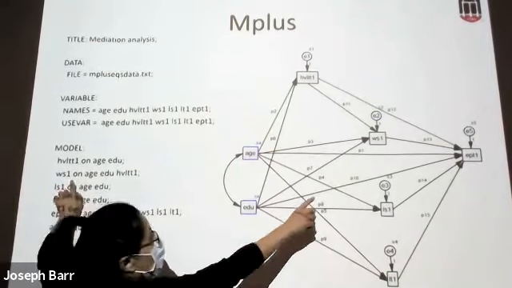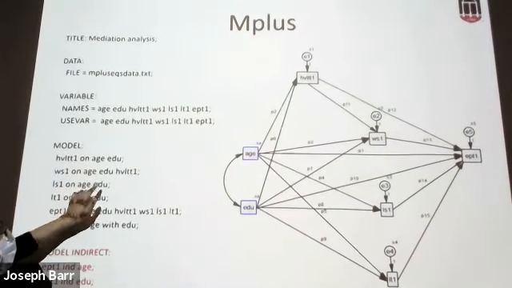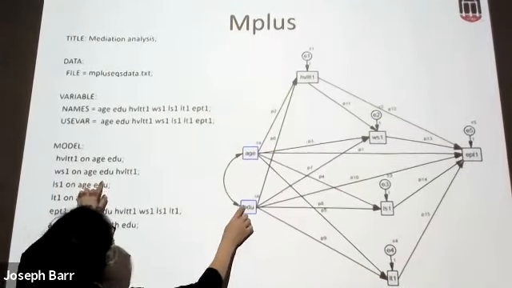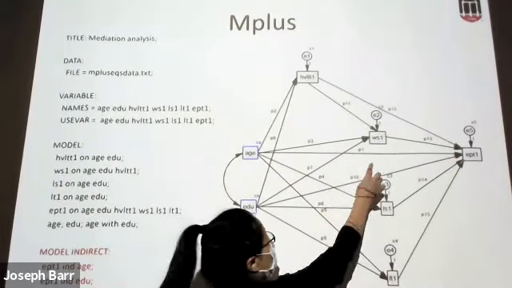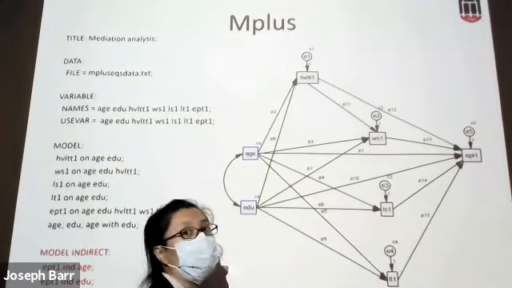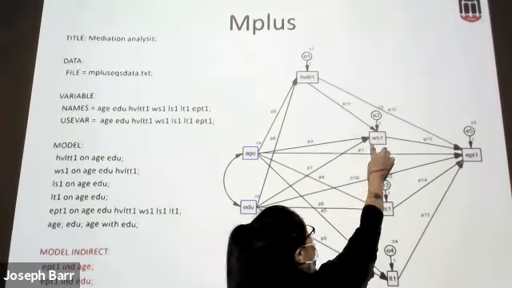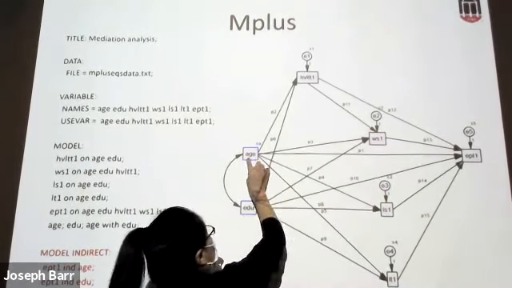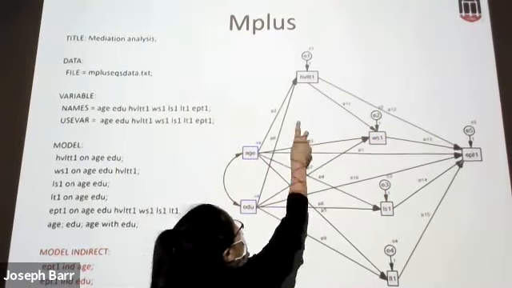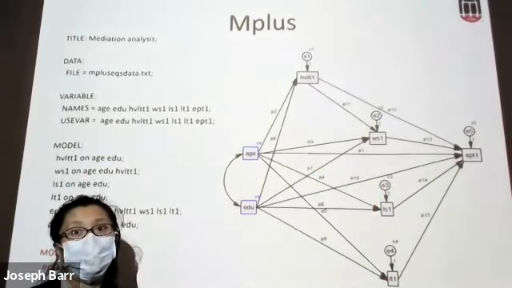WS1 on age, EDU, HVLTT1. This tells us another model, a multiple regression model. This is the dependent variable, regressed on age, EDU, and HVLTT1.